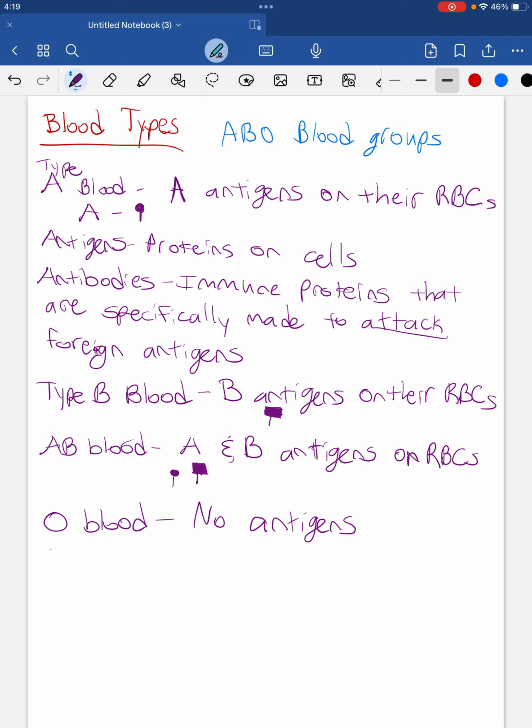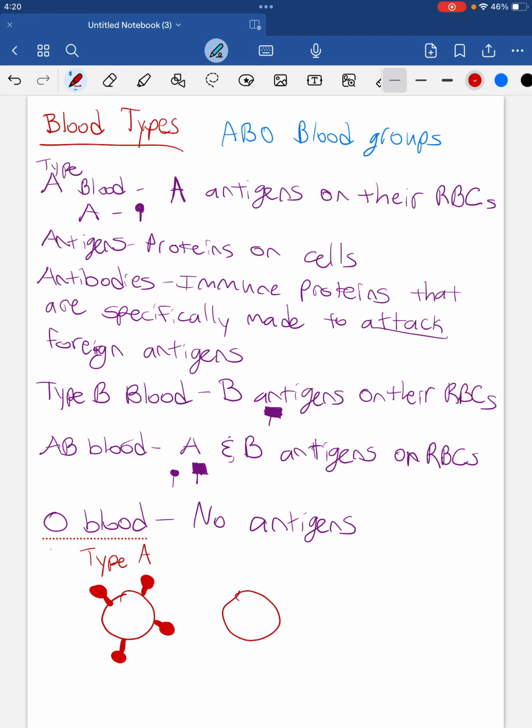These are going to be on the red blood cells. So let's draw a little red blood cell. This person is type A. All of the red blood cells have these circle antigens on them, these proteins.